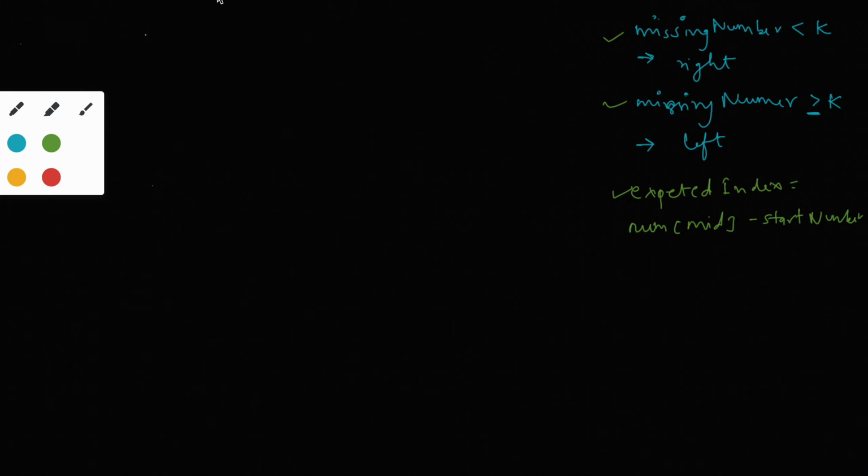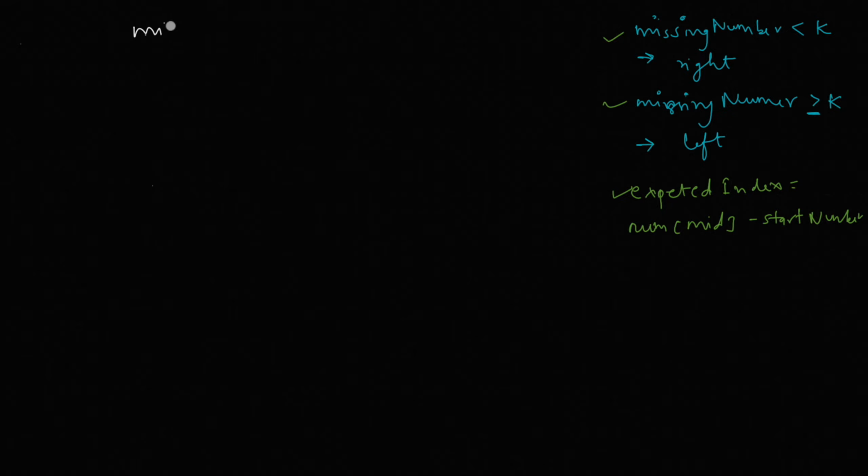There are going to be 2-3 cases here. When you come out of the search, your missing number is going to be either exactly equal to k, greater than k, or smaller than k. These are the three cases. So what do you want to return in the end?